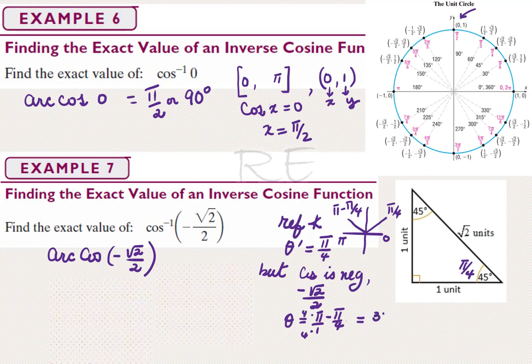So the angle that we're looking for is 3 pi over 4. Therefore, the arc whose cosine is equal to negative square root of 2 over 2 is equal to 3 pi over 4.